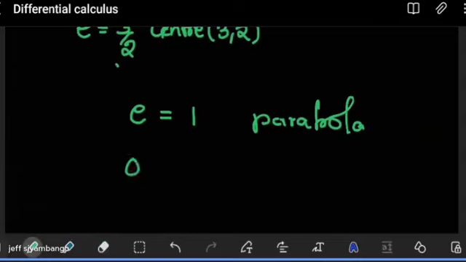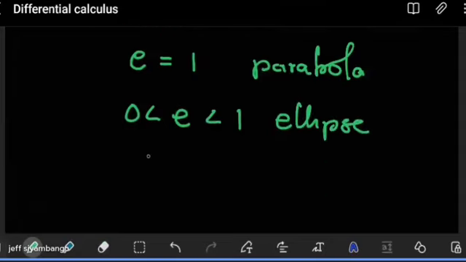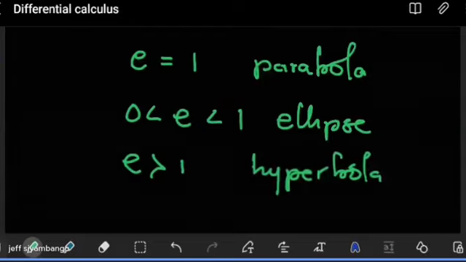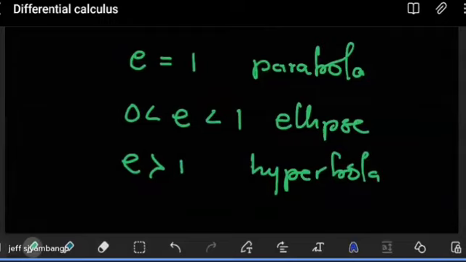If 0 is less than the eccentricity, which is less than 1, then you're dealing with an ellipse. But if E is greater than 1, then you're dealing with a hyperbola. So this is what you should keep in mind.